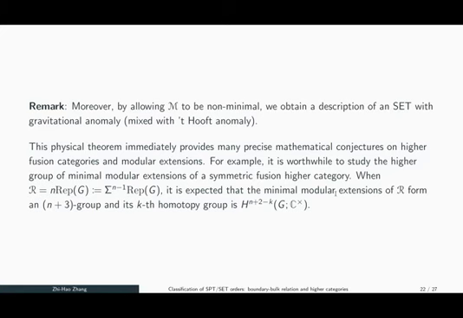Yeah, and this is because the functors between the minimal modular extensions can be realized by the modules of this Rep(G). So they just form the Picard group of Rep(G). And the Picard group can be lifted to a Picard 3-group. So you get a 4-group.